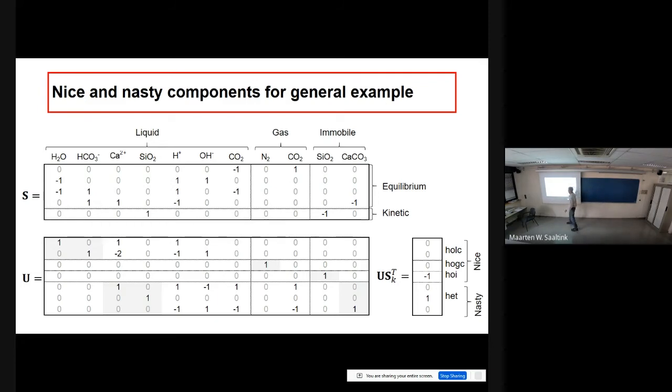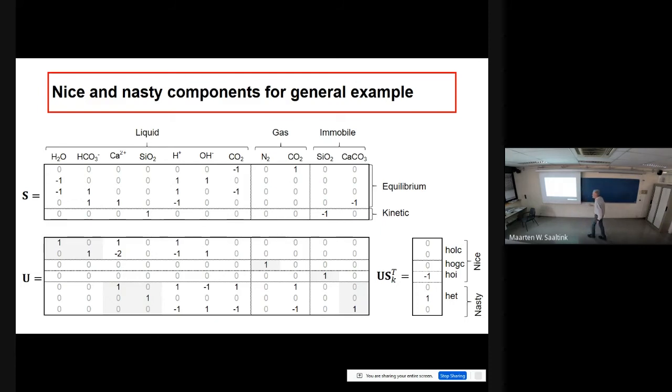I have my liquid, gases and immobile. How many liquid conservative do I have? It's the number of columns of the liquid part: 1, 2, 3, 4, 5, 6, 7. So this is 7 minus the rank of my S liquid part.